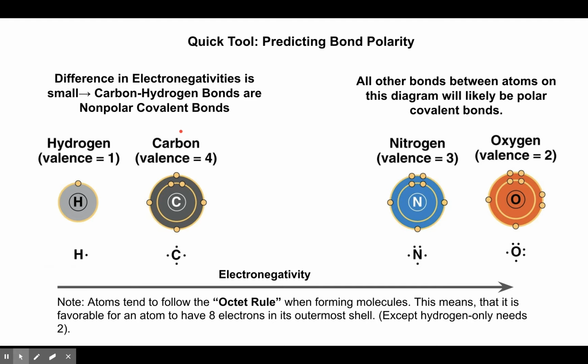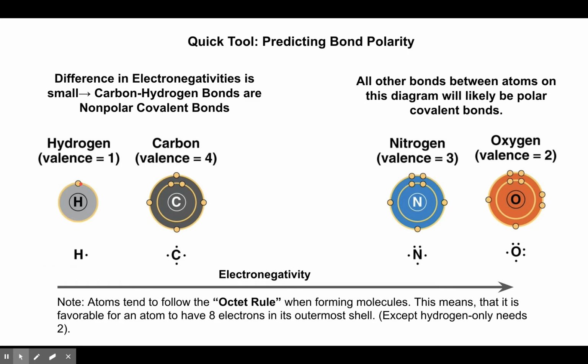In other words, for carbon, nitrogen, and oxygen, when they have 8, and that's where the name octet rule comes from. When these have 8 total electrons in their outermost shell, that atom is stable in that molecule. The only exception is hydrogen. Hydrogen just doesn't have that many electrons. It only has 1. So to fill its outermost shell, it just needs 1 more for a total of 2.